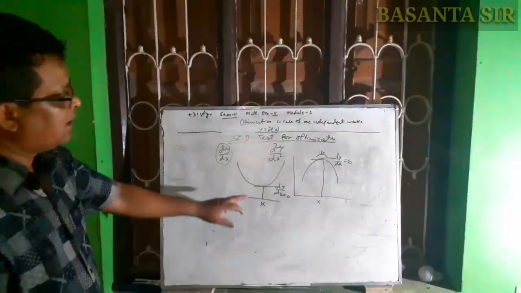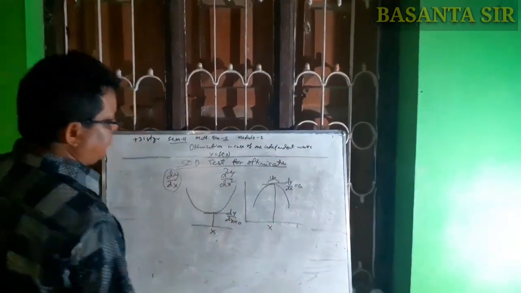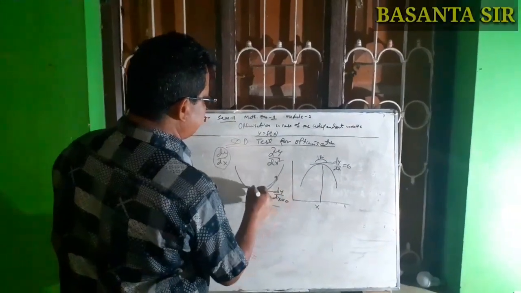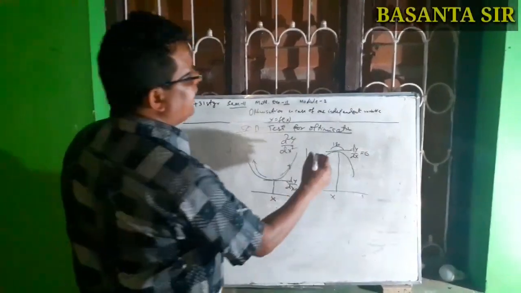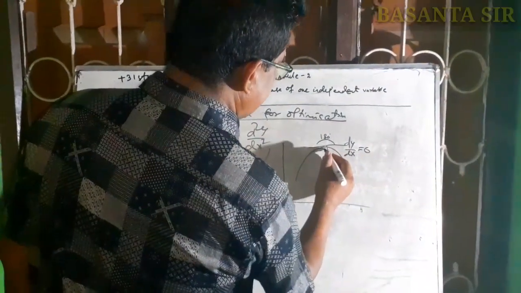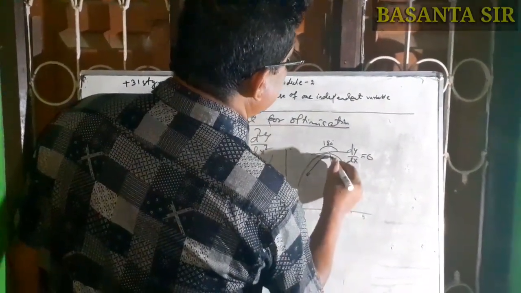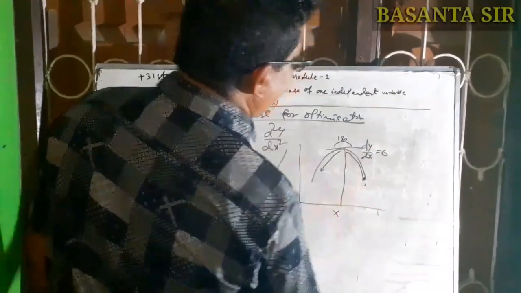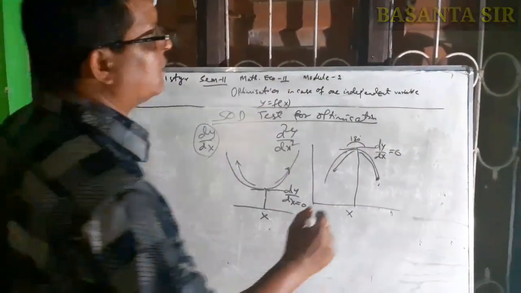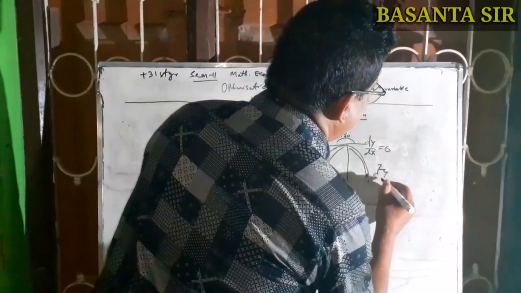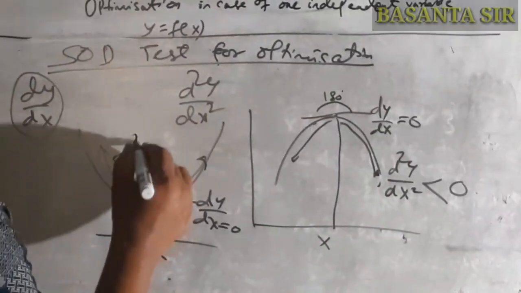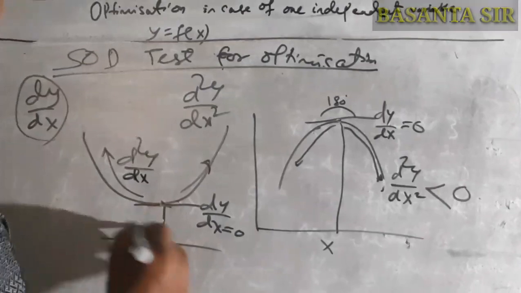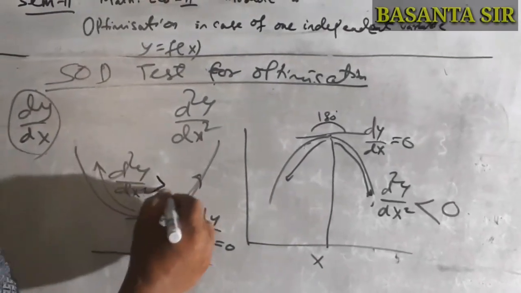Now, why is this point a minimum? Because all points around it give higher values. Likewise, the other point is a maximum because all the points other than this point are falling or going down. So the second order derivative we find here is less than 0, and the second order derivative in case of minimum is greater than 0.